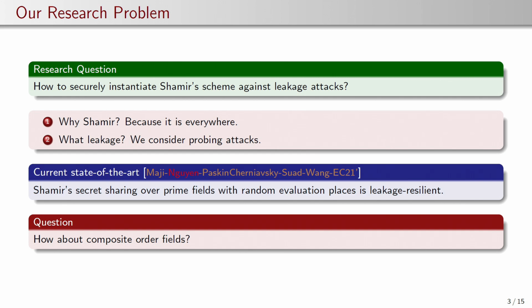In Eurocrypt 2021, Maji, Nguyen, Paskin-Cherniavsky, Suad, and Wang proved that the Shamir secret sharing scheme over prime fields with random evaluation places is secure. So it is natural to ask, how about composite order fields? Answering this question is the focus of our work.